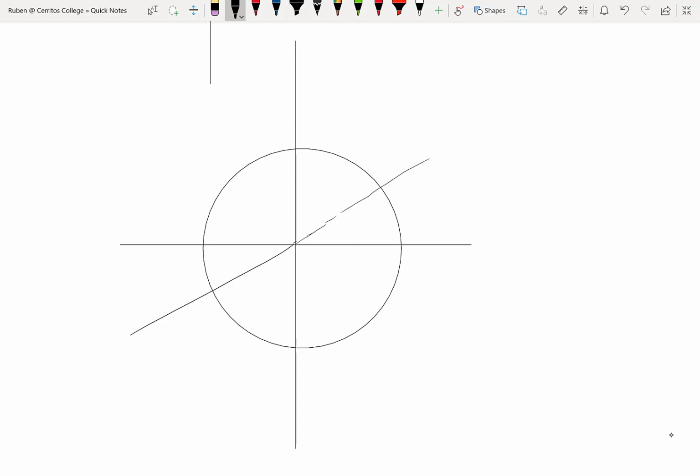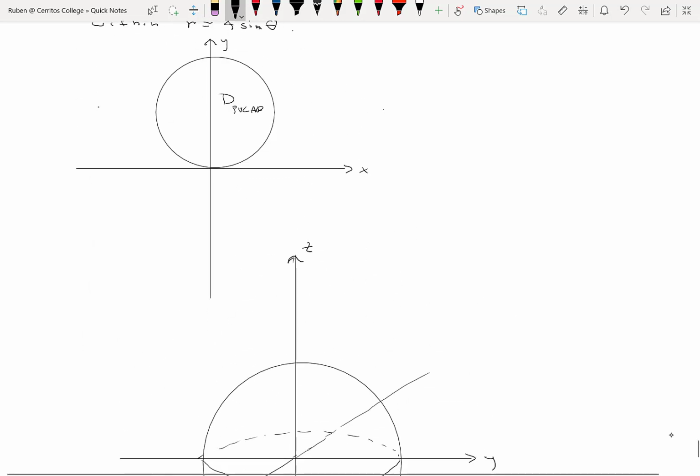And let's get some dimension on our sphere. So here's our sphere. This is the sphere x squared plus y squared plus z squared equals 16, the sphere we've gone through almost the entire lecture with. Now I'm going to draw this circle D polar in this drawing.